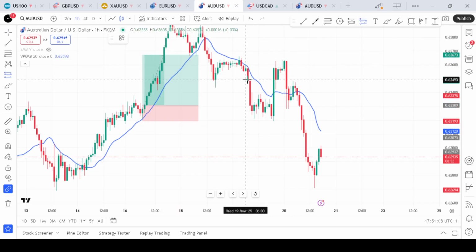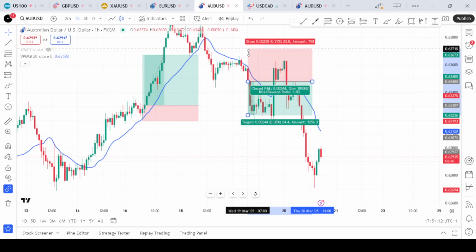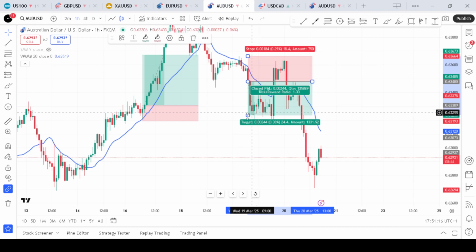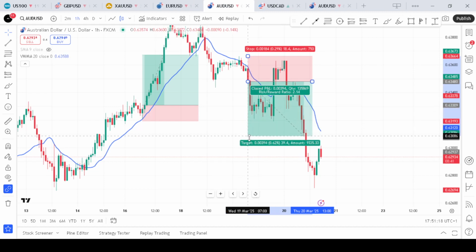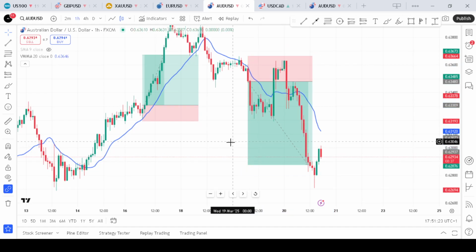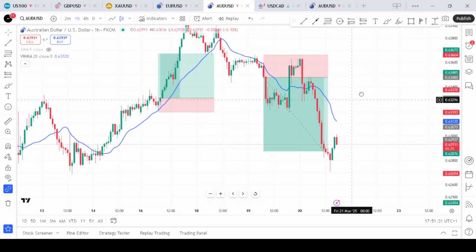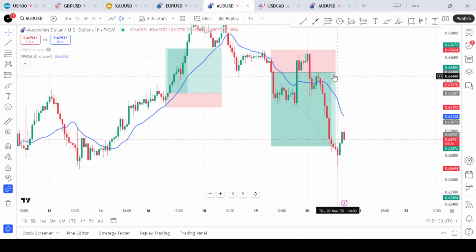You enter the trade after the bearish engulfing candle, and you put your stop loss just above the last previous swing high, and you aim for a fixed risk to reward of 1:2 or 1:3 as the case may be. This is how you can apply the volume weighted moving average to your trading strategy.